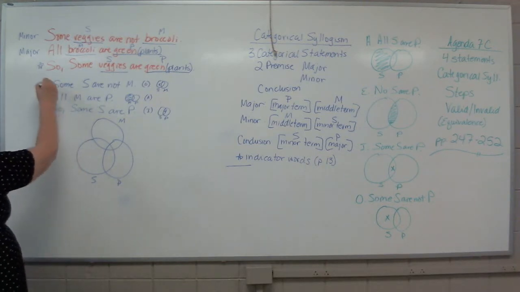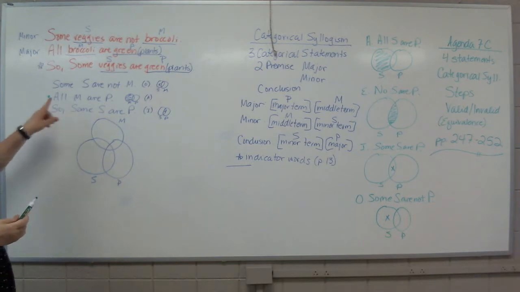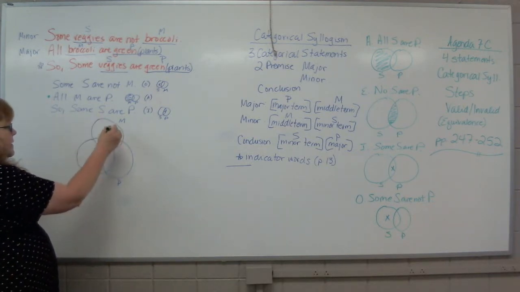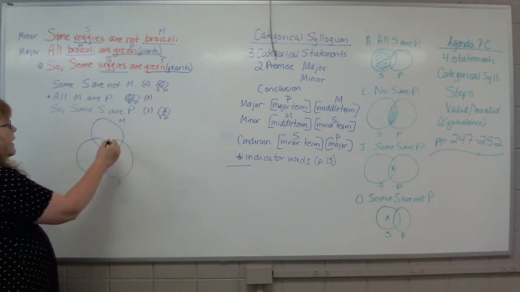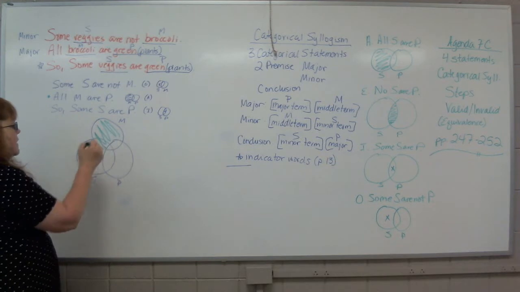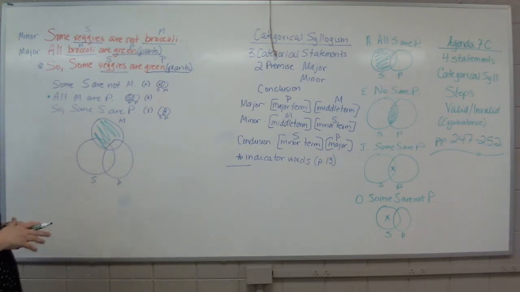So if I'm graphing my universal first, my all M are P, I'm going to look at just my M, just my P. And so my M gets colored in like this. Don't forget this little spot here. We're not looking at the S right now. So it has to look like that.